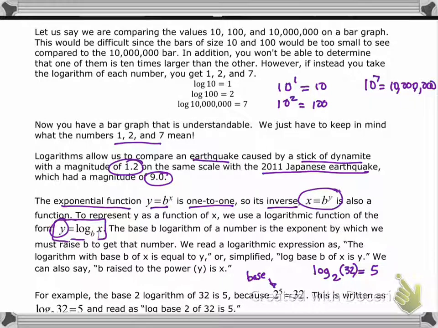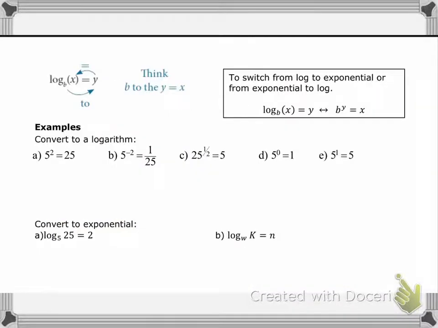All right, so we got some practice here. So I want you to think about this. There's a couple of little ideas here of how to think about it. But what I normally do is, first we're going to convert to logarithm. What I normally do is I identify the base. So there's my base, and there's my exponent. So I know it's log base 5.